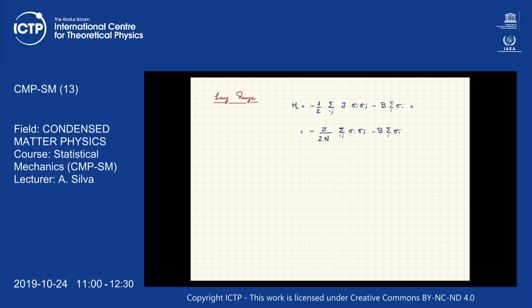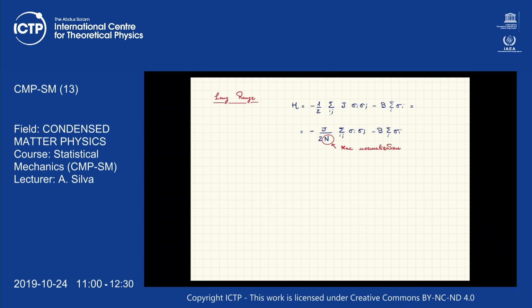So you just divide your interaction by N. And this N is called Kac normalization, which is put there in order to guarantee that the energy is extensive, not super extensive.